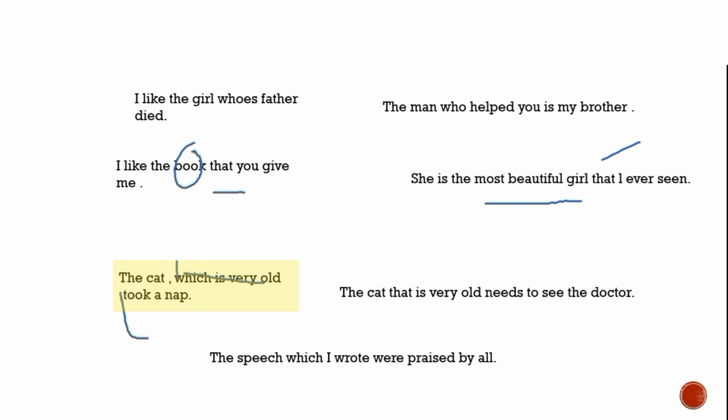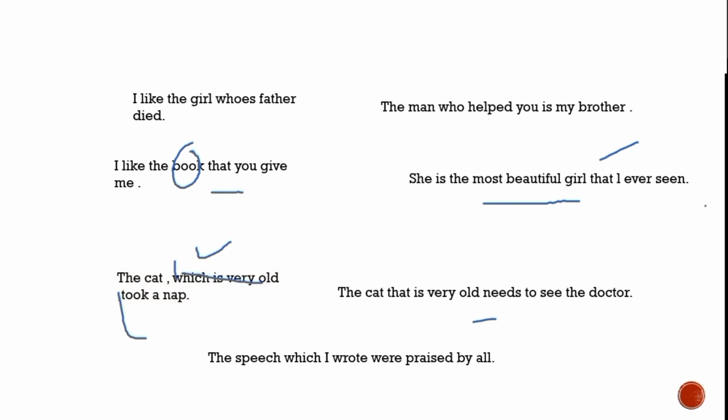So we have used the relative pronoun which in this sentence. Our sixth example is: the cat that is very old needs to see the doctor. In this sentence, we have used the relative pronoun that because there is no non-defining clause in this sentence. Our sentence is not complete without it. We want to introduce a defining clause there. Therefore, we have used the relative pronoun that.